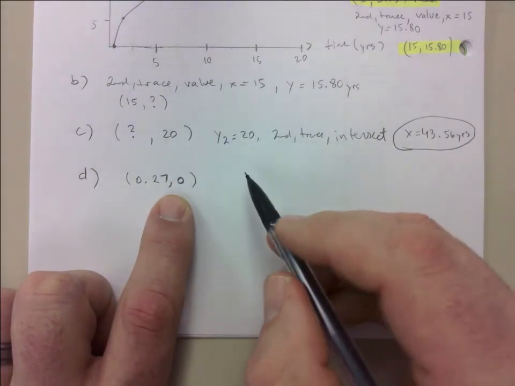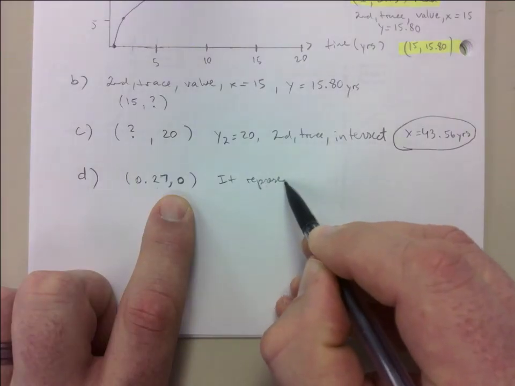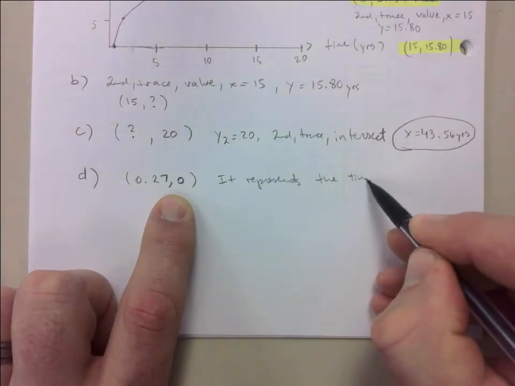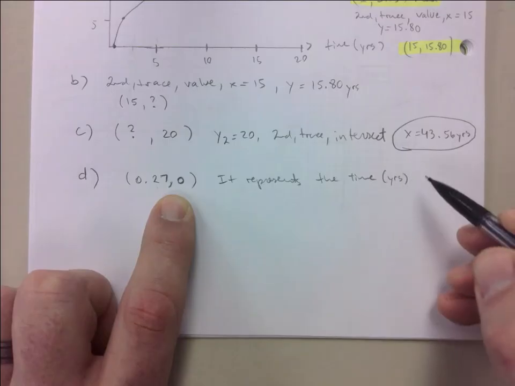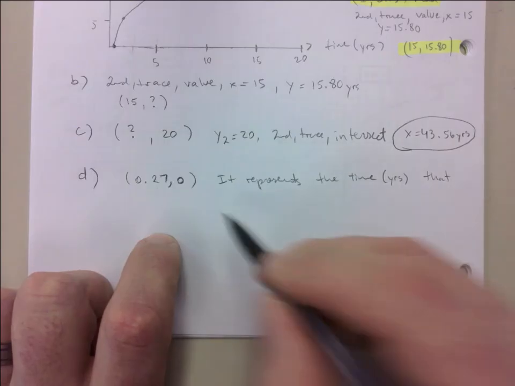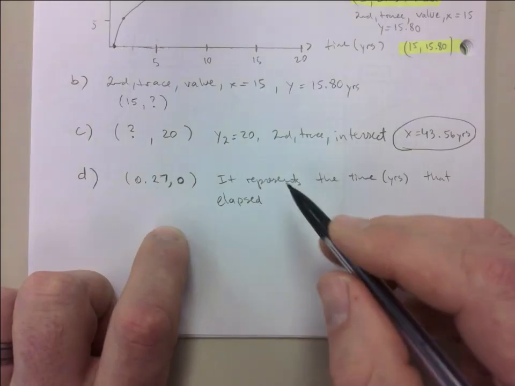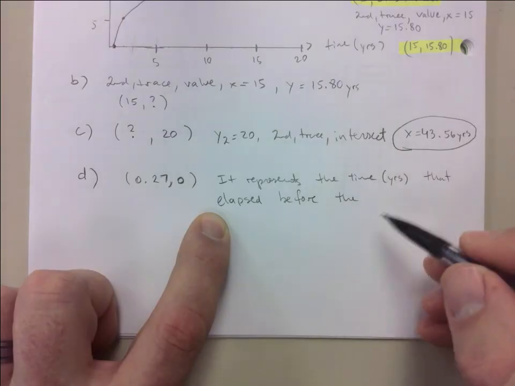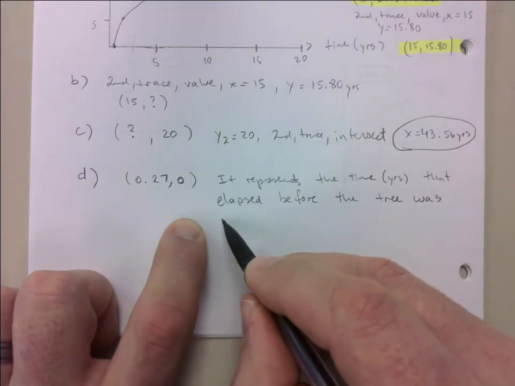It represents the time in years that elapsed before the tree was even visible.